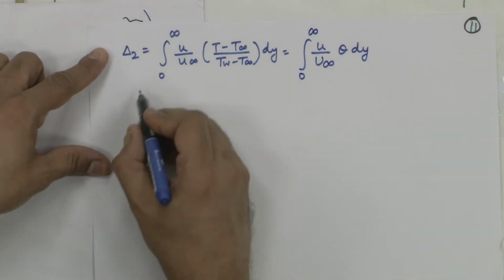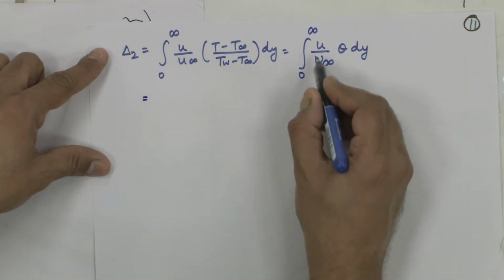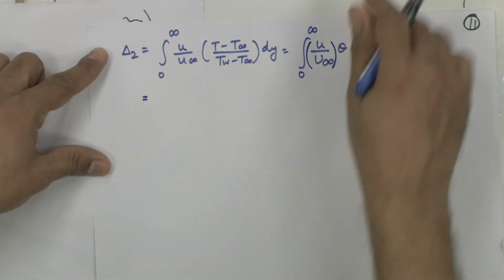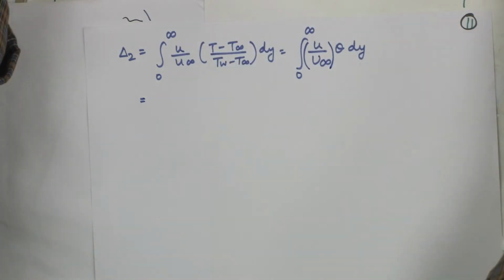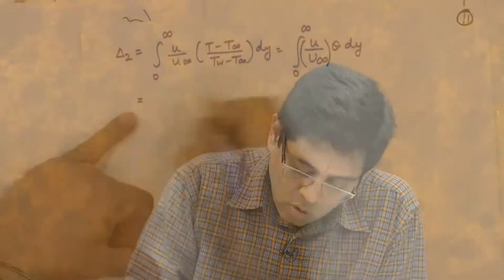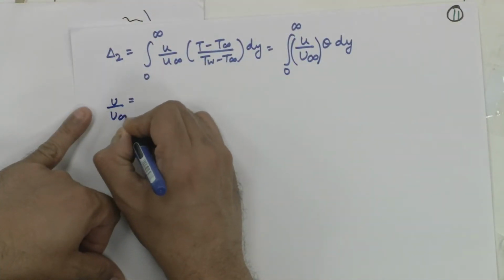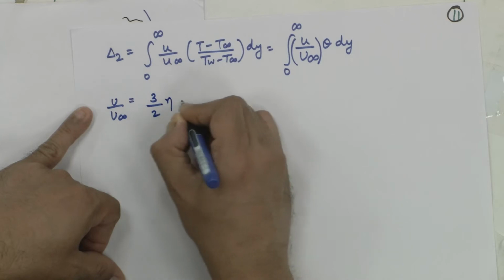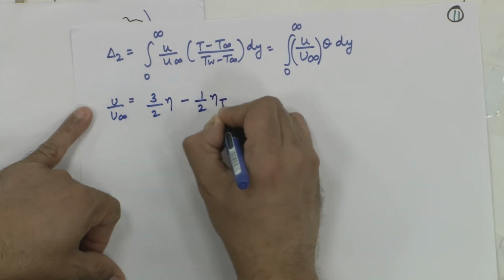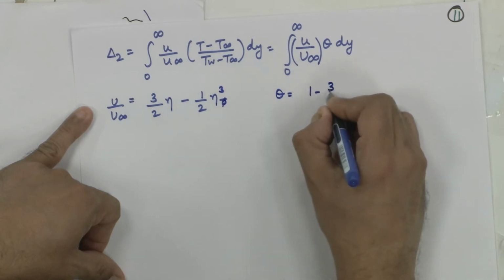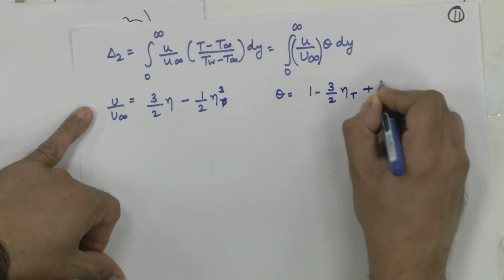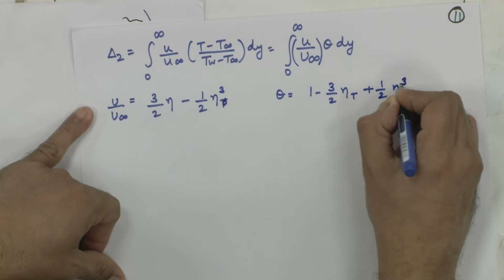Okay. So I have u over u infinity from the hydrodynamic solution. U over u infinity from the hydrodynamic solution was 3 by 2 eta minus half eta cube. Theta is 1 minus 3 by 2 eta t plus half eta t cube.